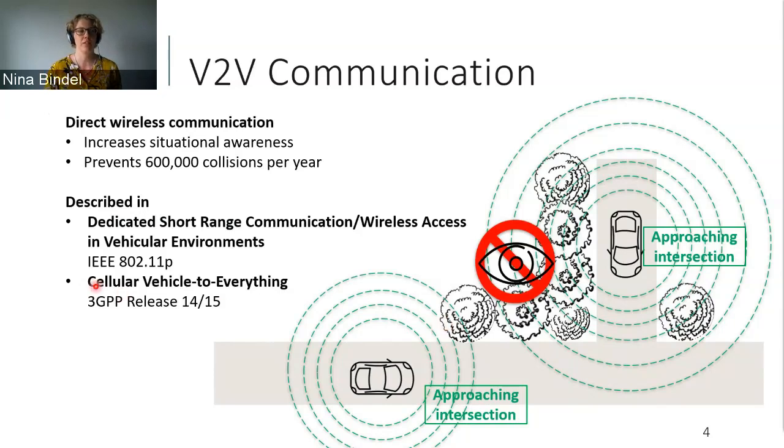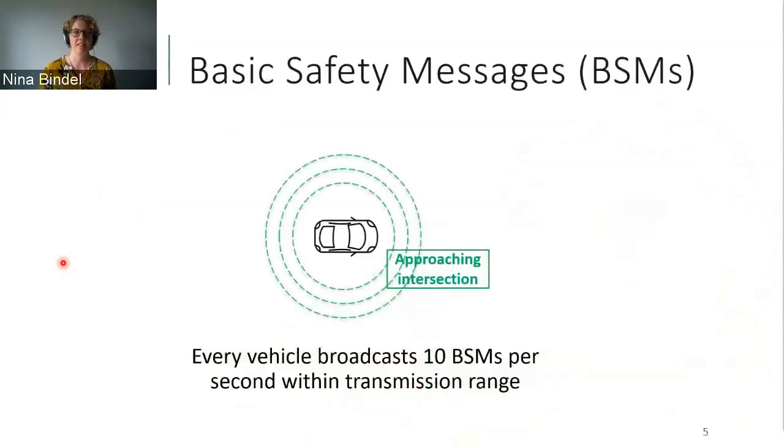Vehicle-to-vehicle communication is described in these two standards, while in our work and in this talk, I will focus on the IEEE 802.11p standard. At the core of this standard are the so-called basic safety messages. These are messages that are broadcast by every vehicle about 10 BSMs per second within the vehicle's transmission range.